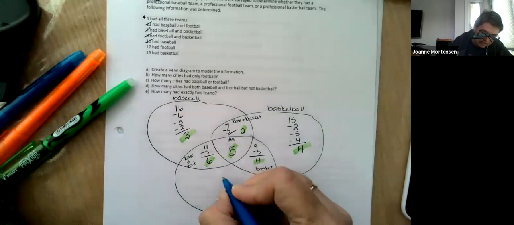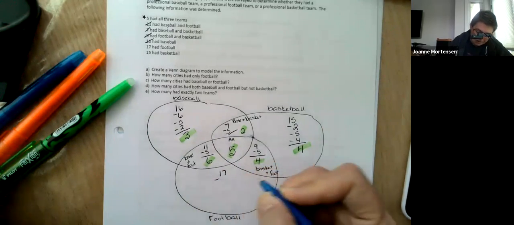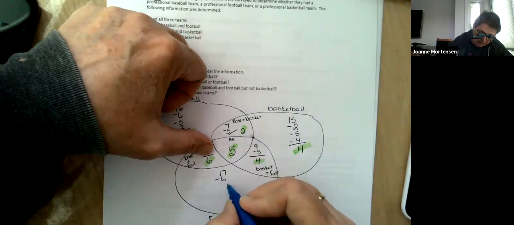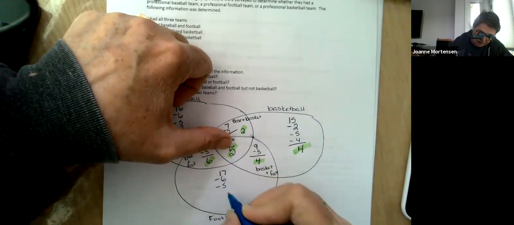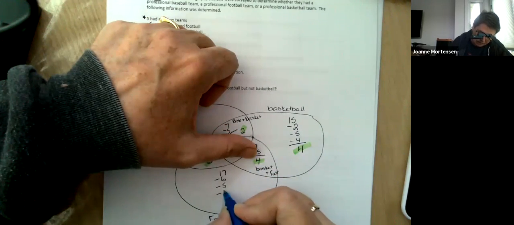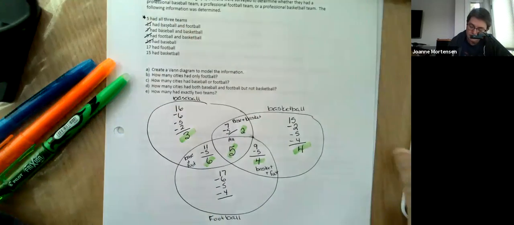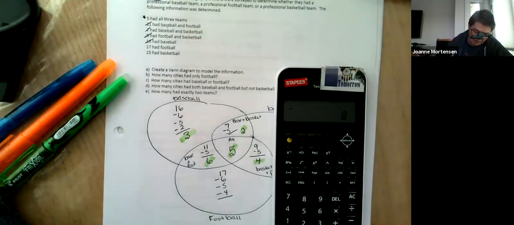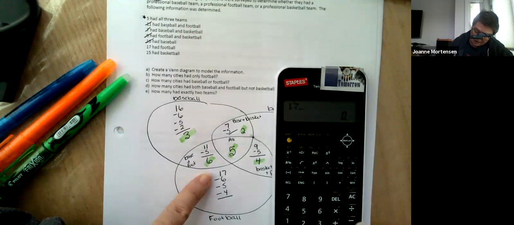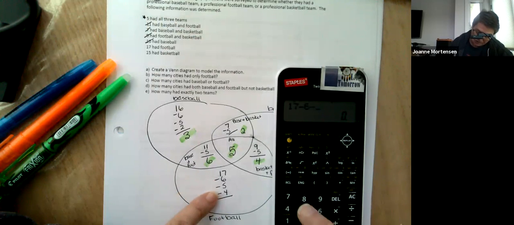And for football, there were 17 minus the 6 we counted here, minus the 5 we counted there, minus the 4 we counted there, and that's probably 2, but I just really don't want to screw up. Okay, I'm going to redo that because I really messed it up. 17 minus 6 minus 5 minus 4. That gives me 2.